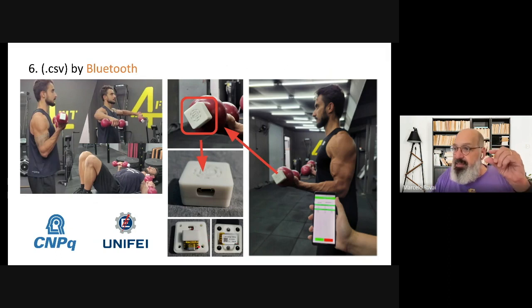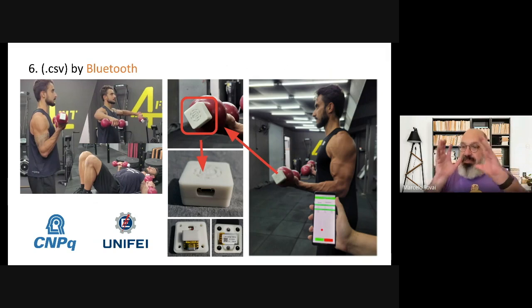This is the Xiao Sense, where I have the accelerometer. One very interesting thing about this device is that it has a battery power controller inside, so you only need to connect the terminals of the battery to the Xiao. So during the exercise, the data is sent by Bluetooth to a smartphone.